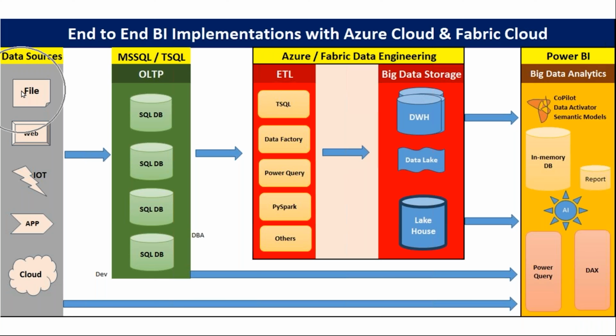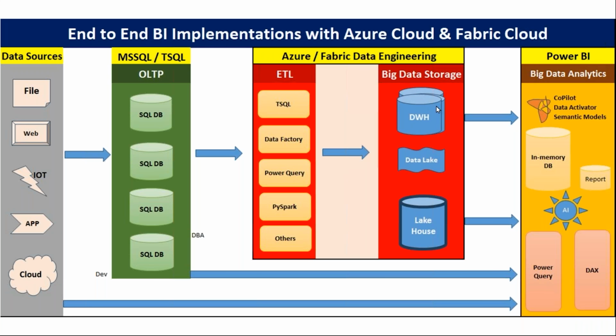It may be files, web, IoT, Internet of Things, apps. We are going to learn about web apps and desktop apps, and other cloud sources. We are going to read data using ETL, extract, transform, load, and place the content into the warehouse.